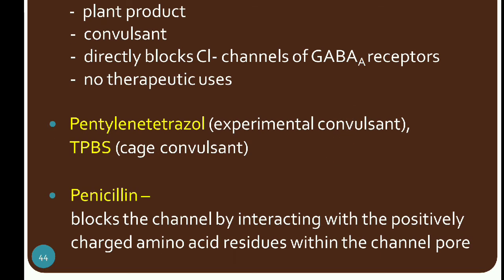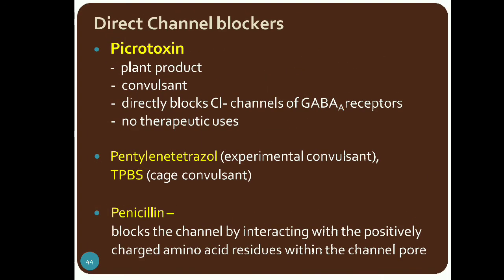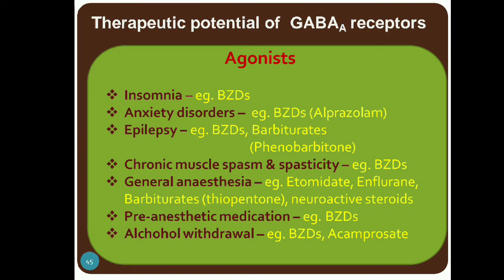Therapeutic potential of GABA A receptor drugs. Agonists: insomnia; BZDs for anxiety disorder, alprazolam, epilepsy, chronic muscle spasm, spasticity, general anesthesia, pre-anesthetic medication, alcohol withdrawal.